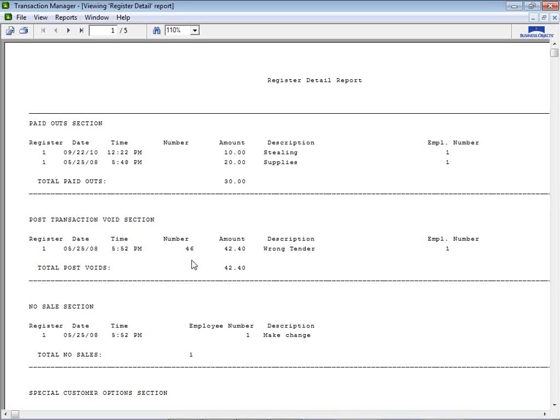So customer comes in, says, here's $100 for X, Y, and Z. Thank you very much. Customer walks out the door. Employee voids the sale and puts the $100 in their pocket. Well, they may put the $100 in their pocket, but they're going to be on record as having post-voided the sale at a specific date, time, register, what the invoice number was, the amount, the reason code they selected for post-voiding the sale.